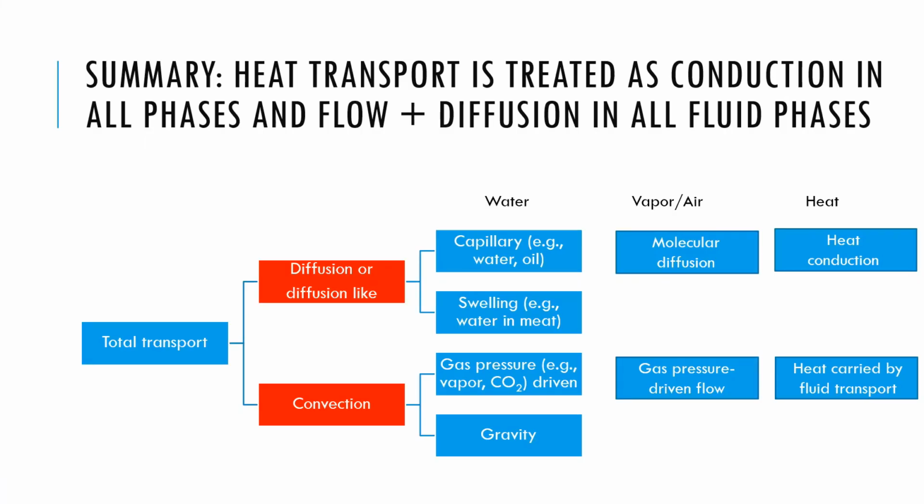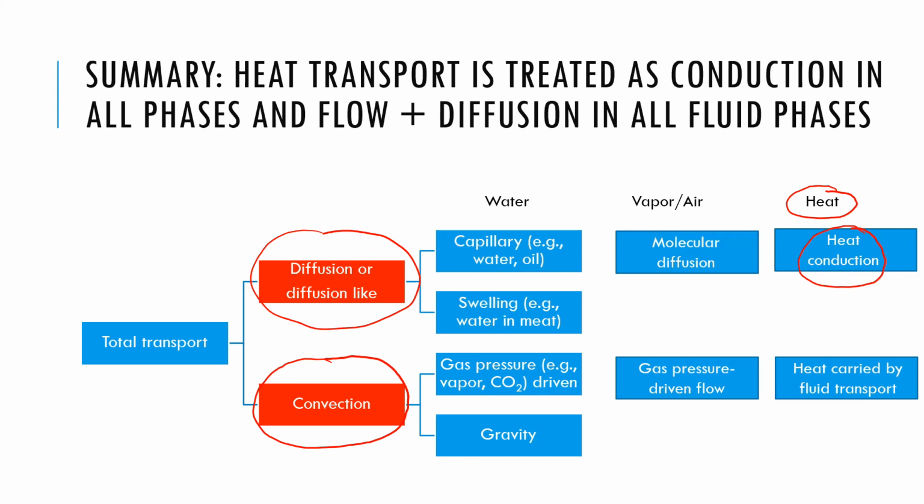Looking at it another way, the total heat transport has a diffusion-like component, that is the heat conduction, and that is averaged over the four phases: the solid matrix, liquid water, water vapor, and air. And the heat transport has a convection or a movement related term, a transport related term.